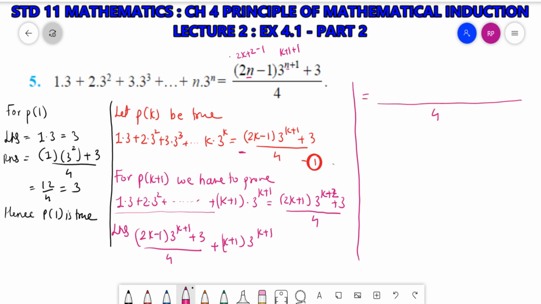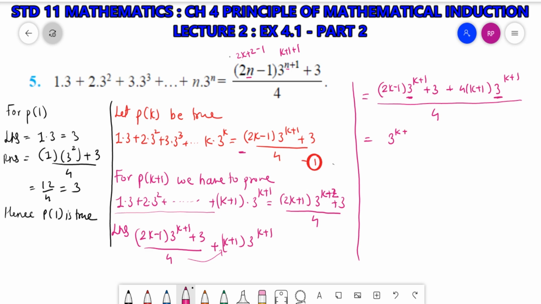LCM will be 4. It will be (2k minus 1) into 3 raised to k plus 1, plus 3, plus, multiplied by 4, 4 into (k plus 1) into 3 raised to k plus 1. So now see here, 3 raised to k plus 1 and 3 raised to k plus 1, I can take common.